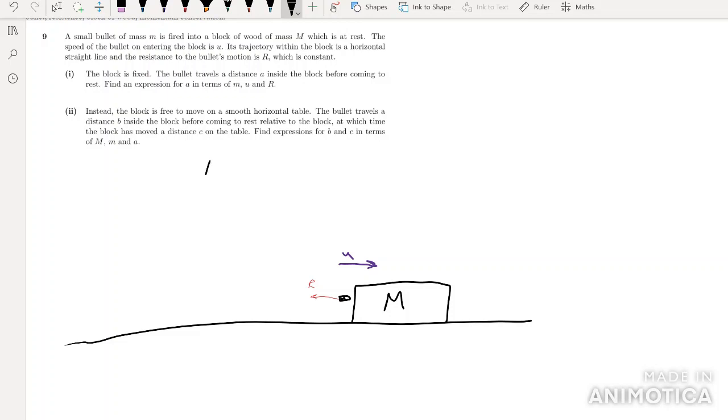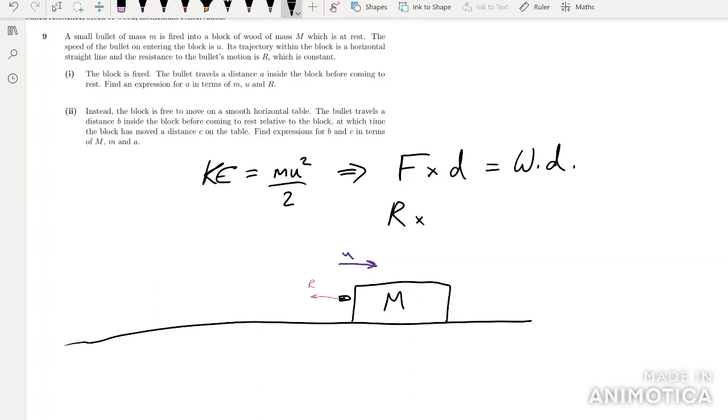The kinetic energy of the bullet at first is mu squared over 2, and that must be converted into work done against the resistance. So force times distance will equal work done. The force is R, the distance is A, and the work done will be the kinetic energy of the bullet. And so we immediately get that A is equal to mu squared over 2R.